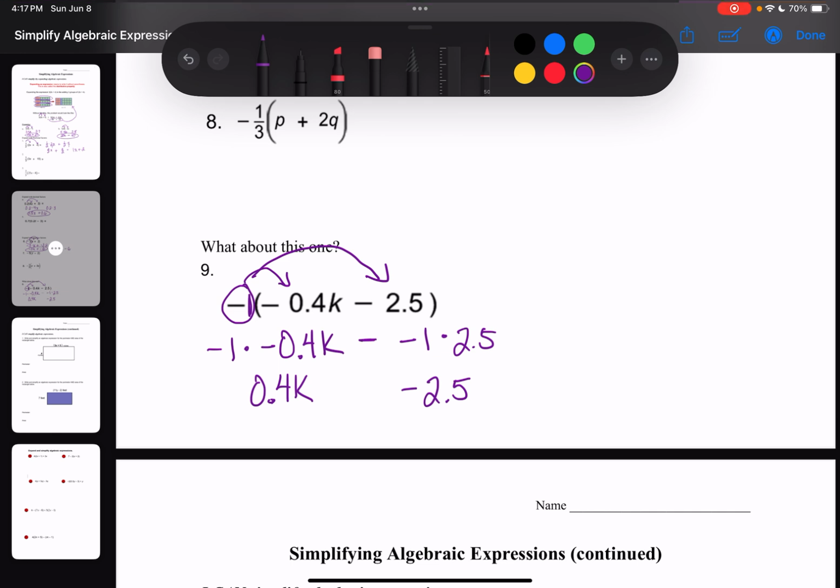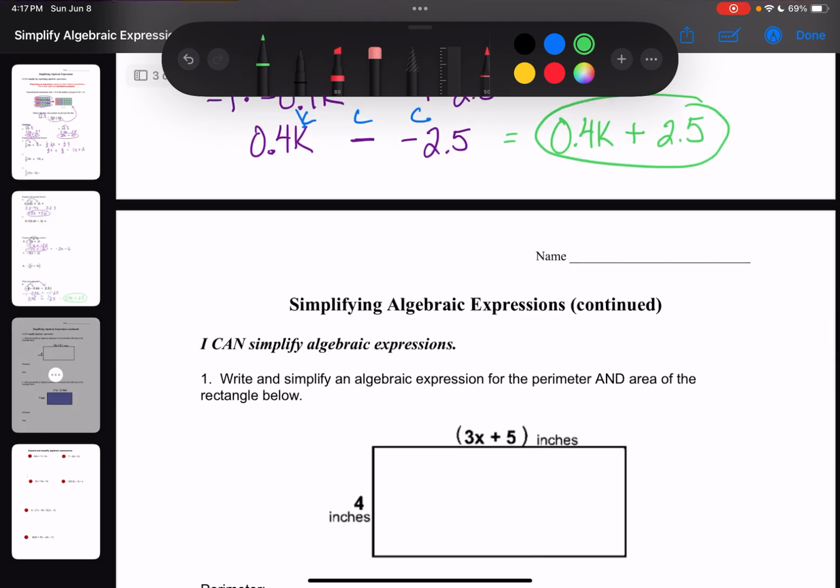Keep that subtraction sign in the middle, but we know when we have subtraction, we can do keep, change, change. By changing the sign of the second number, that will make our final answer, our completely simplified answer, 0.4k plus 2.5.